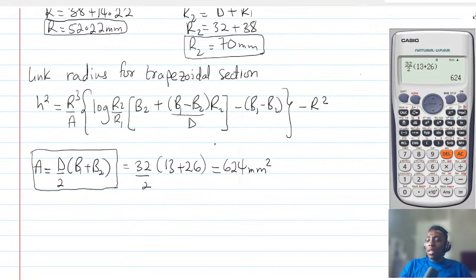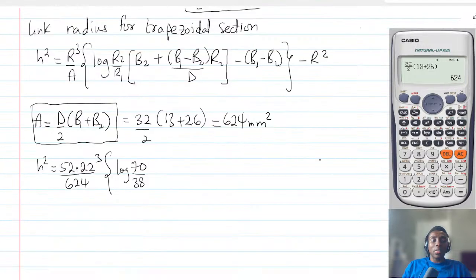So now, if you want the link radius, you have to put everything inside. So 52.22 cubed divided by area 624 into log of r2, which is 70, divided by r1, which is 38.